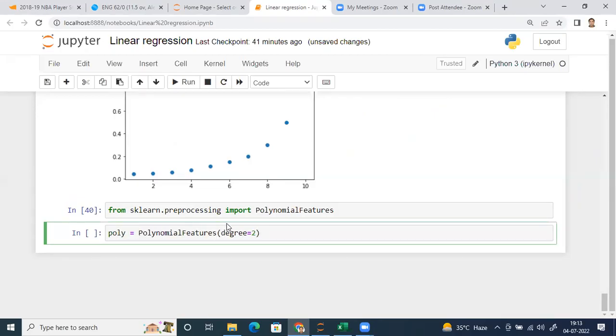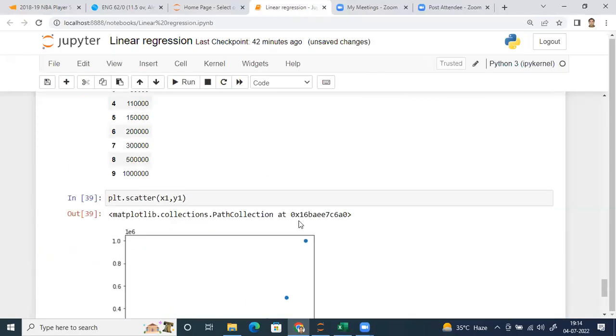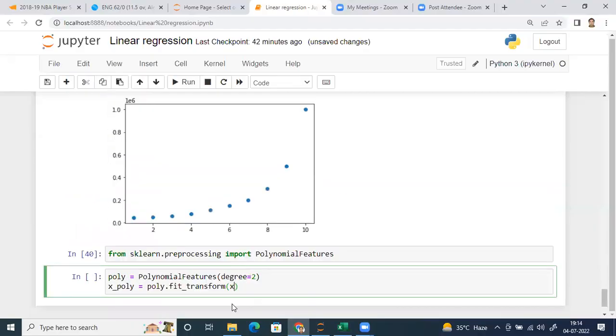And I'm creating x_poly is equal to poly dot fit_transform, and here I can pass my x, whatever my x is, x1. This is my model done.